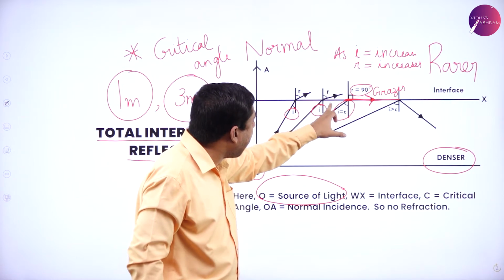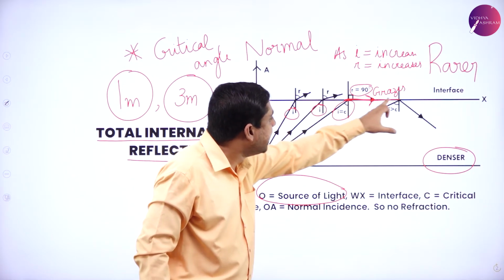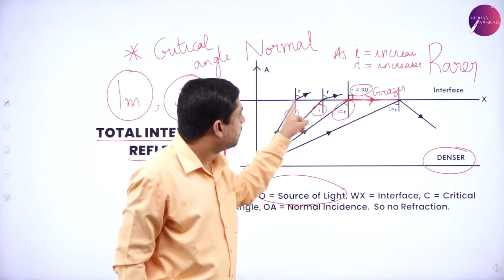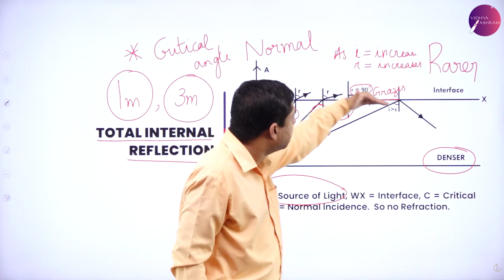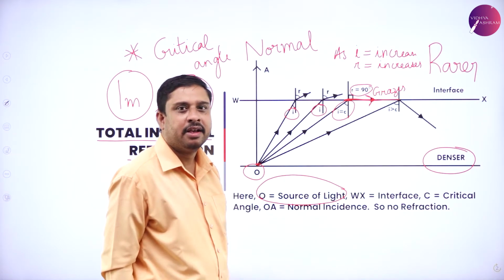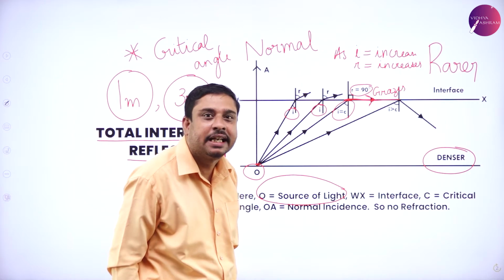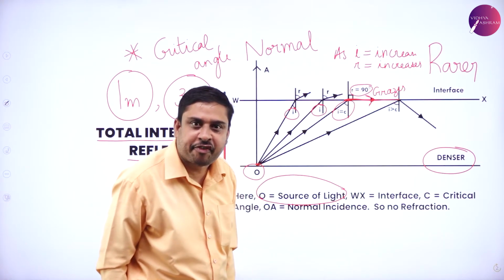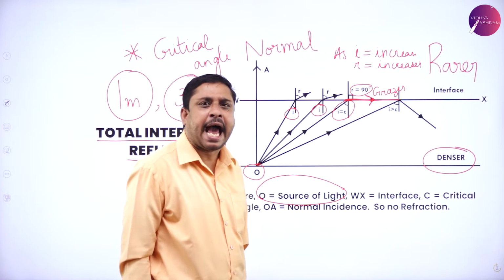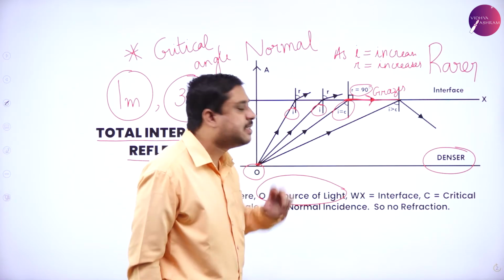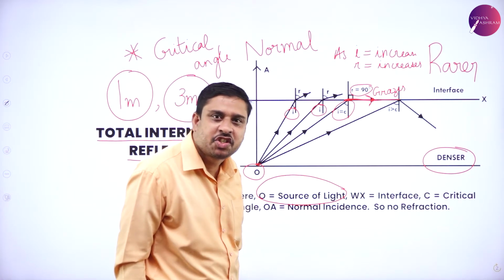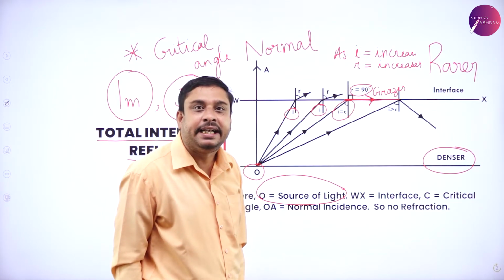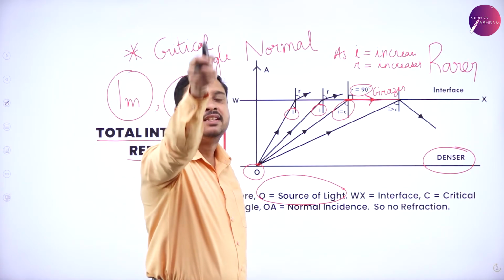It is the angle of incidence in the denser medium for which the refracted ray just grazes the surface of separation, the refracted ray will just pass over the surface, or it is the angle of incidence in the denser medium for which angle of refraction in the rarer medium is 90 degrees. Now observe, this is beautiful.